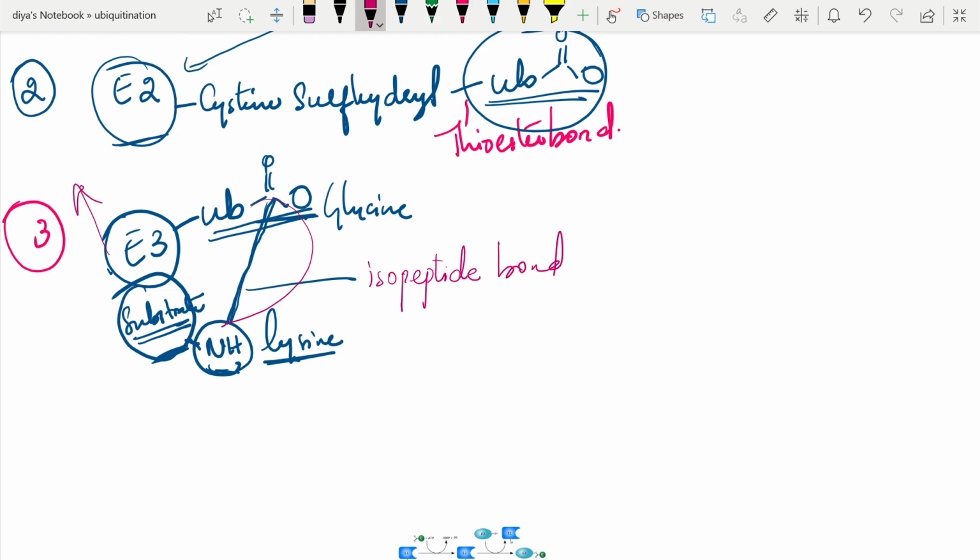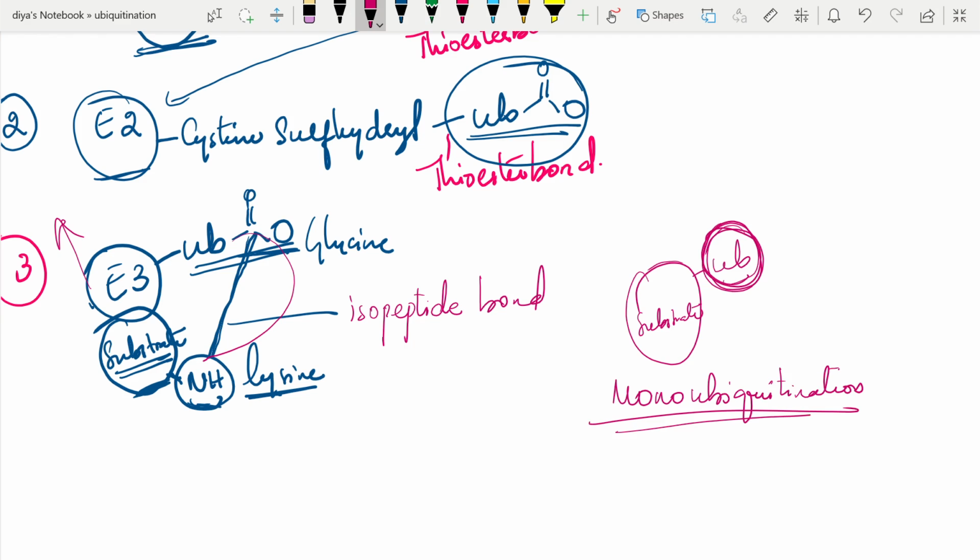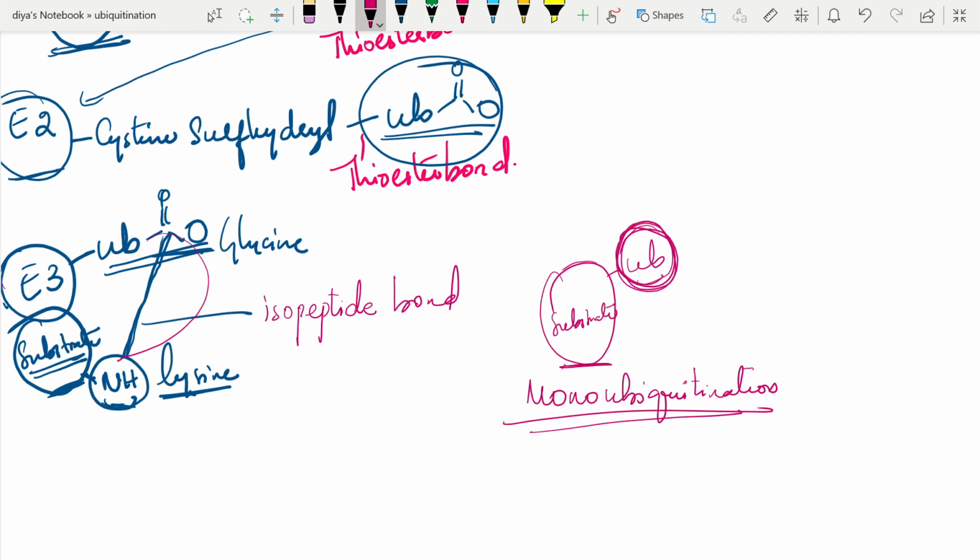Now this forms the ubiquitin tagged substrate. This protein is tagged by one ubiquitin, and this process is known as monoubiquitination. It is very important that the substrate, the protein which has to be degraded, must be attached to at least 4 ubiquitin proteins so that it can be degraded.